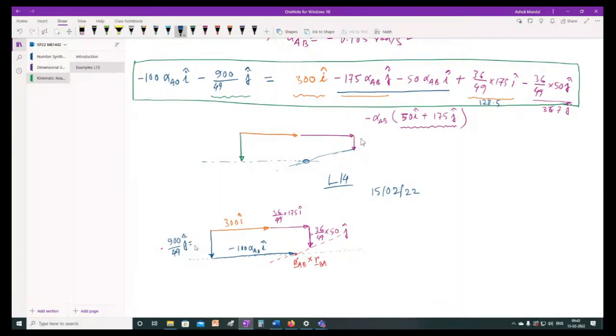18.36. Okay, and let me redraw it. No problem.